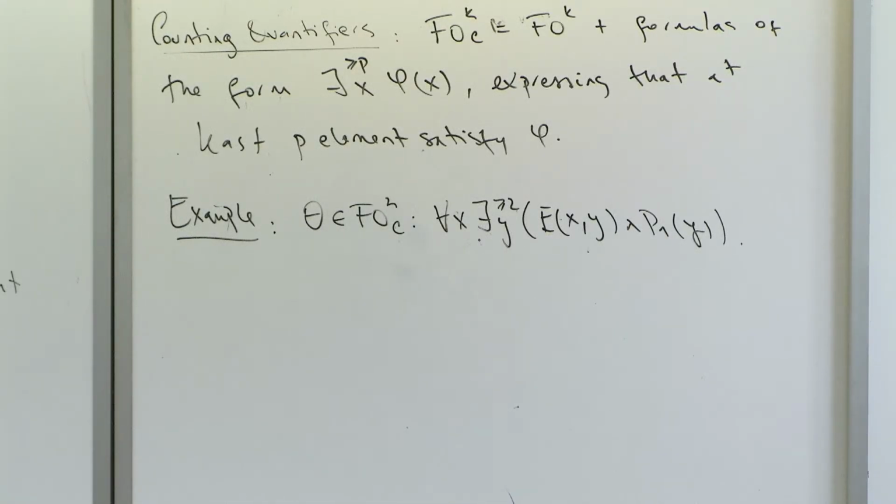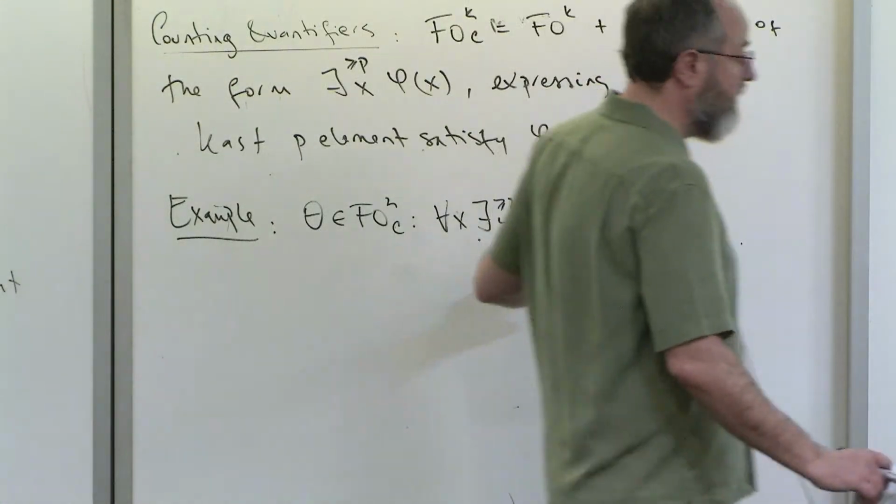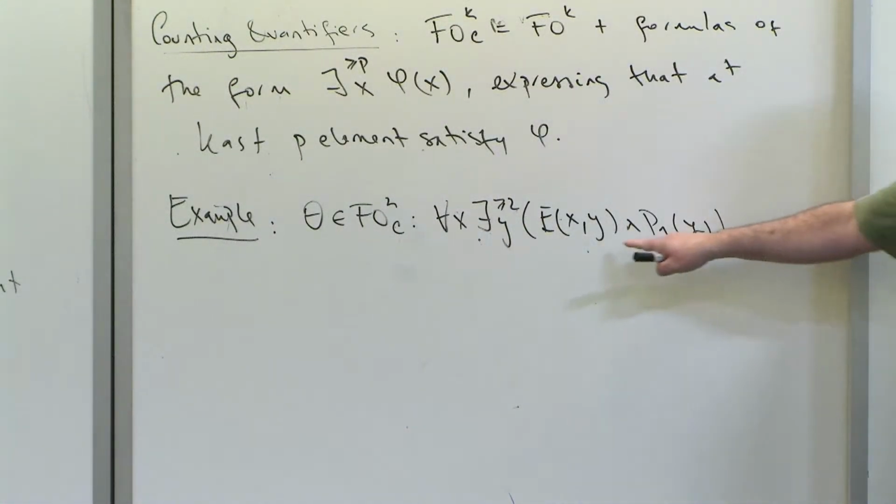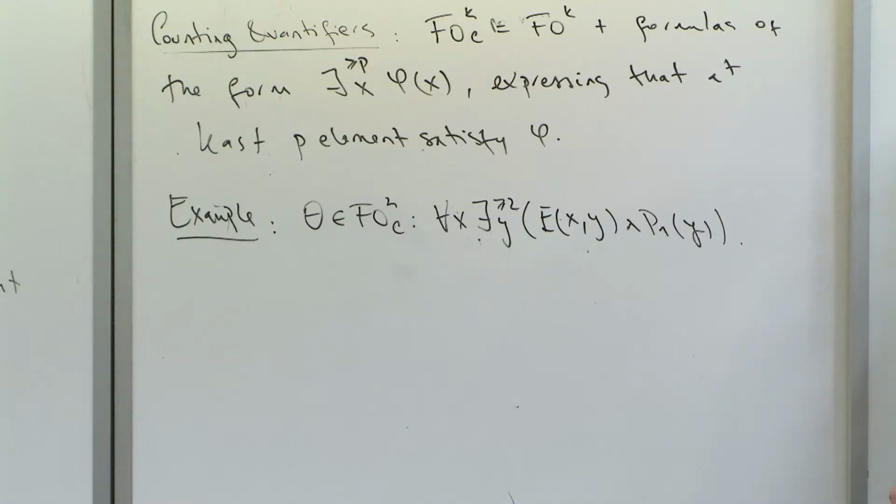So it's saying that every element has two different neighbors that are labeled 1. We cannot say this with two variables, but we can say this with two variables if we allow for counting quantifiers. The way you do it is by saying for every x, there exists at least two y's that are adjacent to x and have color 1. Yeah? So by allowing counting quantifiers, we can express this with only two variables.